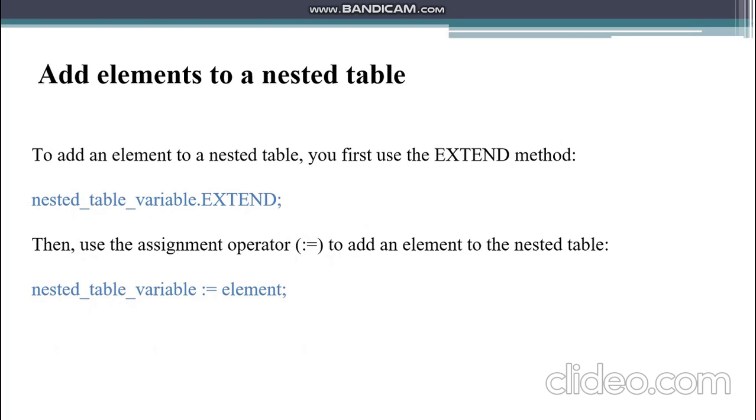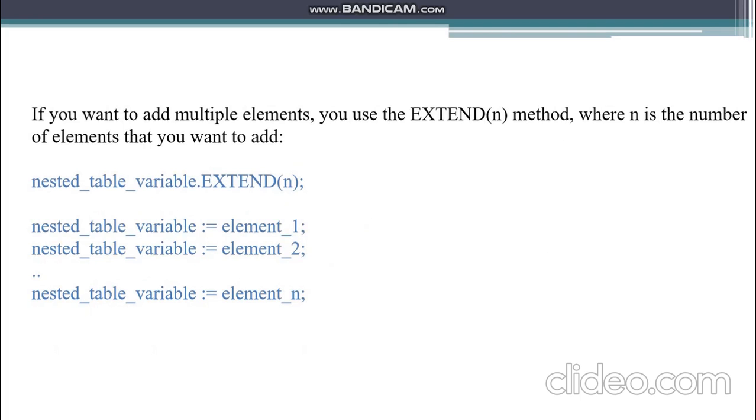First we can show the first process, where we use the extend method: nested_table_variable.EXTEND, the name of the variable we want to enter, then we use the assignment operator to add an element to our nested table: nested_table_variable(1) := element, the element we want to enter in our table. Now, if we want to add multiple elements, we can use the EXTEND(n) method, where n is the number of elements that we want to add. So these are two methods. The first one is serially, one by one, with the extend method.